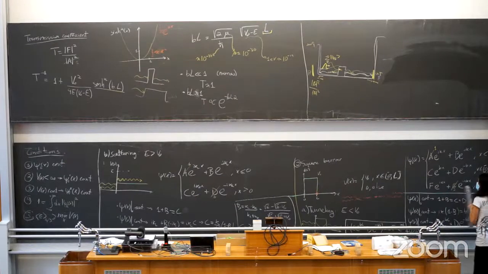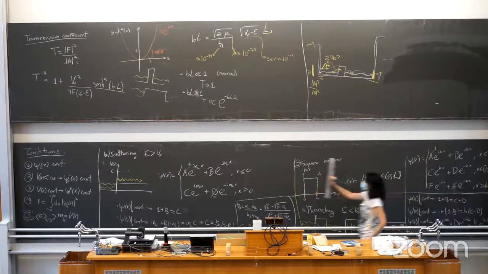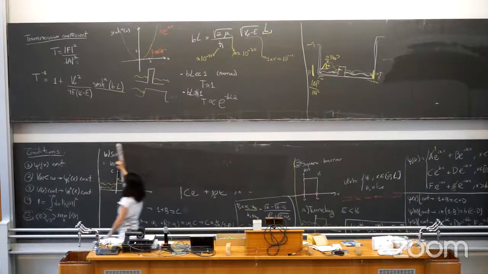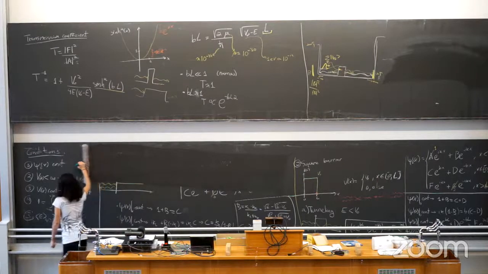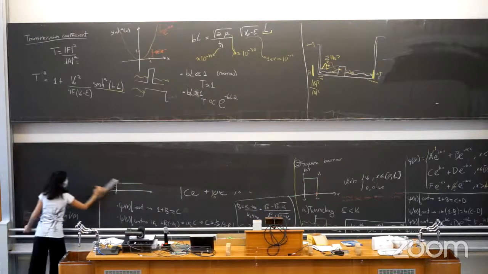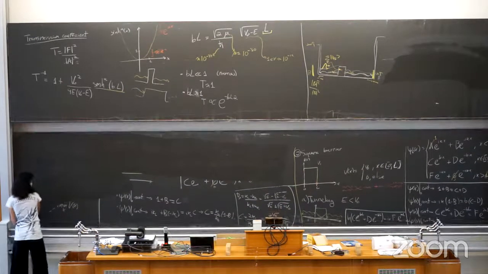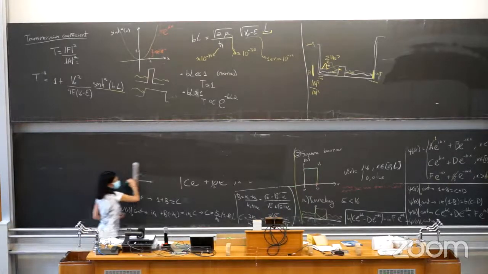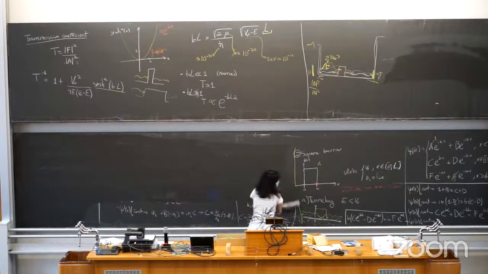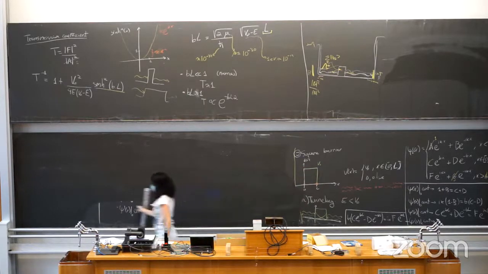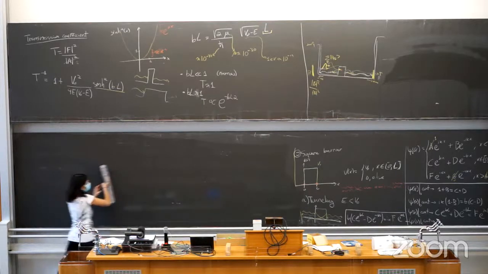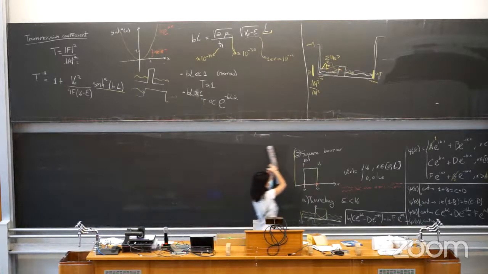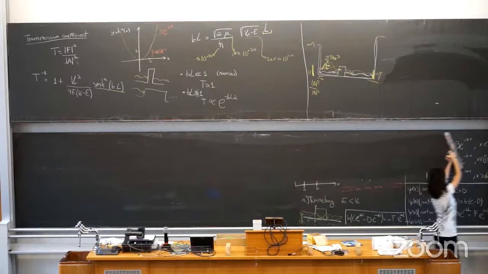So now we're still in the case of the square barrier, but we're going to look at a case where the energy is now higher than this B0. And that's where we see something kind of funny.